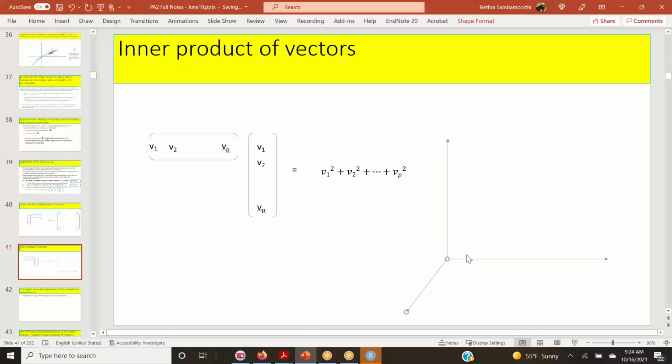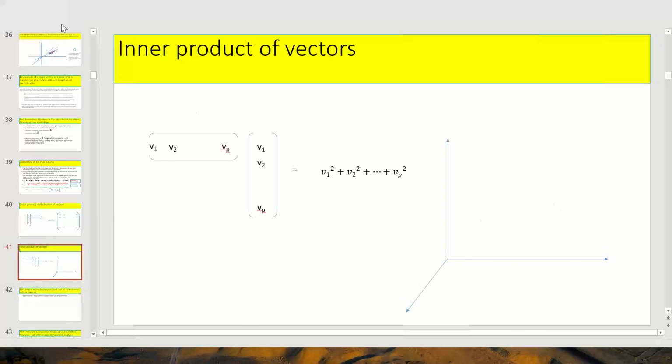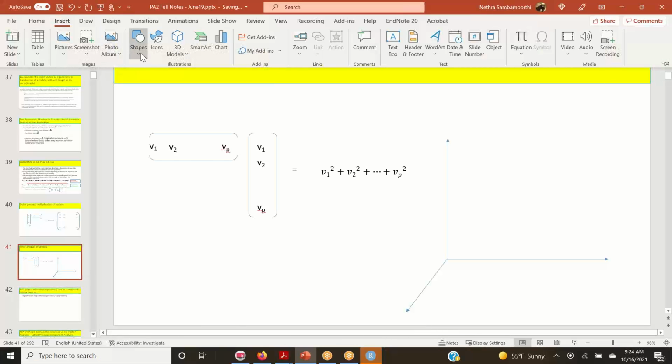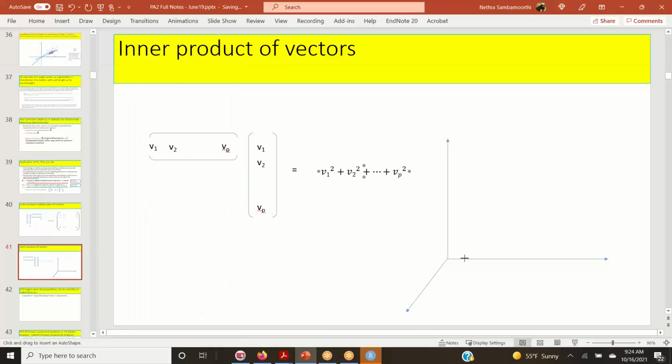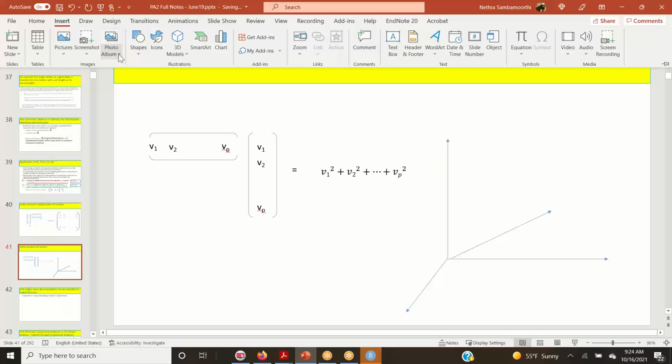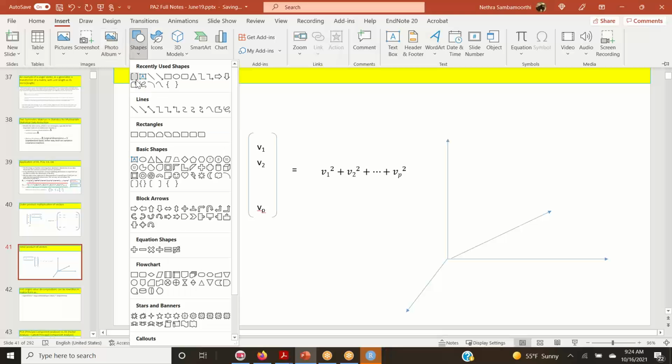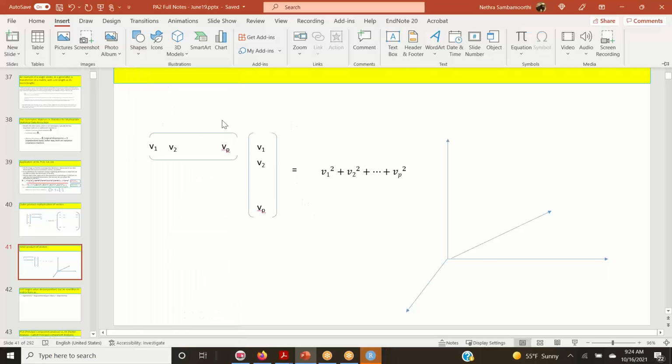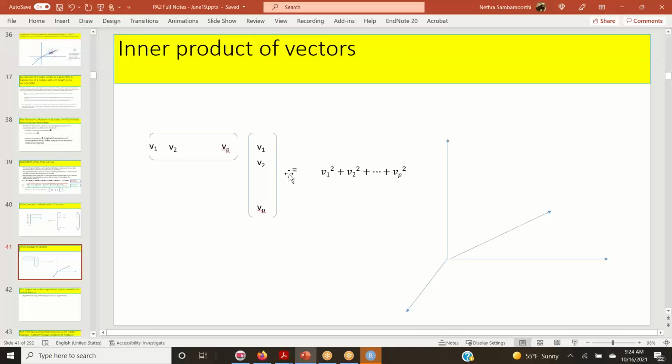Mentally visualizing multiple dimensions is very, very important. Let us say the vector is here, the 3-dimensional point v1, v2, v3. Let's say this is v1, v2. I'm going to do this one as a 3-dimensional vector.